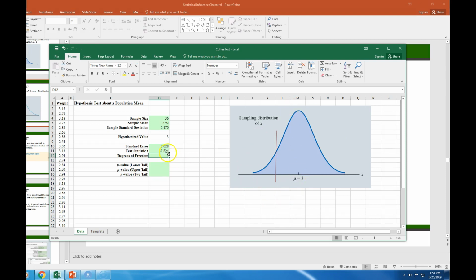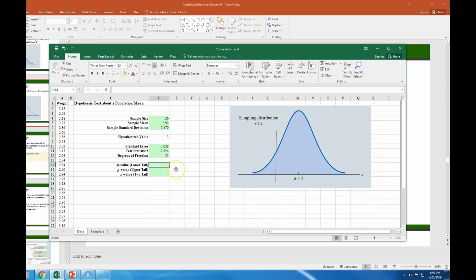But we need to determine if this value is far enough from the hypothesized mean for us to conclude that in fact the null hypothesis is untrue and we should reject it. The degrees of freedom is defined as n minus 1, so it's equal to the sample size minus 1.